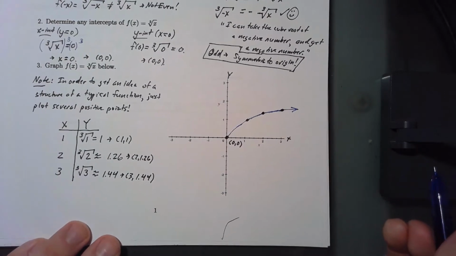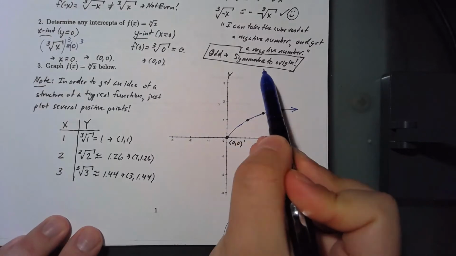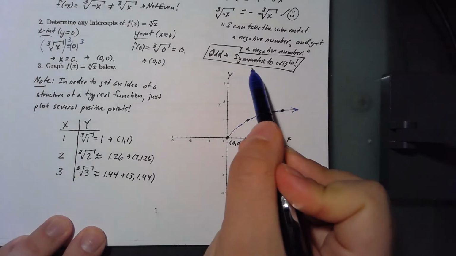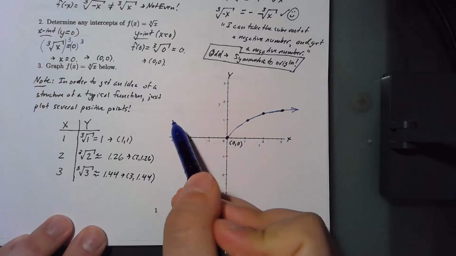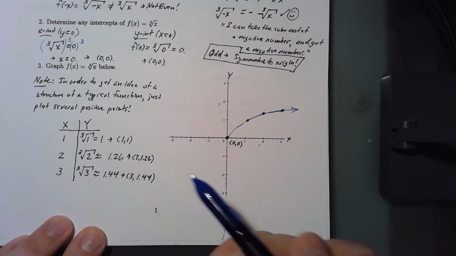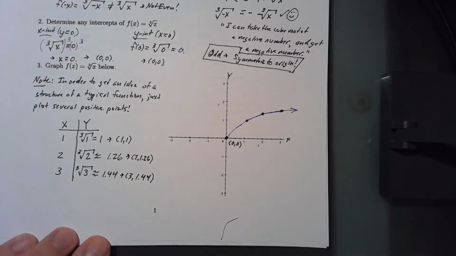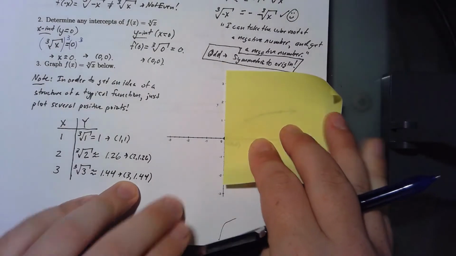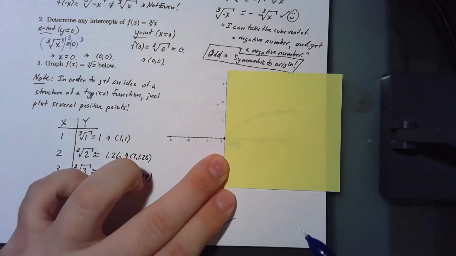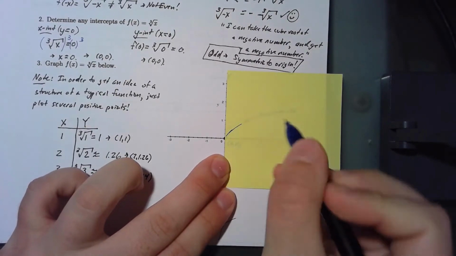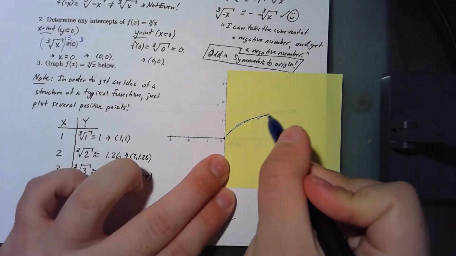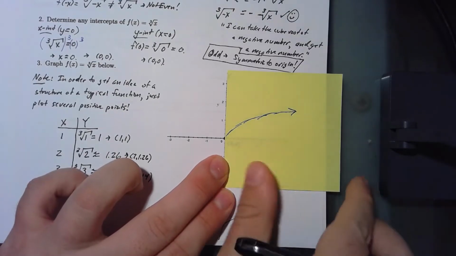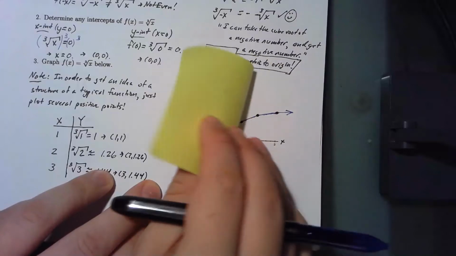Now I know that symmetry to the origin means I'm going to reflect this graph against the y-axis and the x-axis simultaneously. So just take that graph and fold it over the y-axis, and that gives me this.